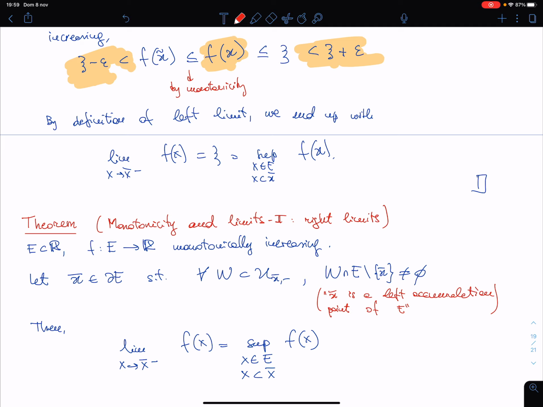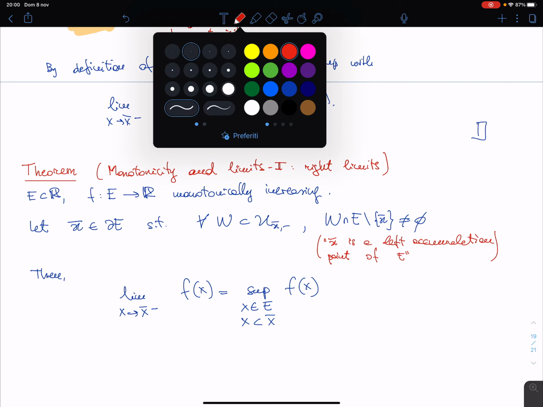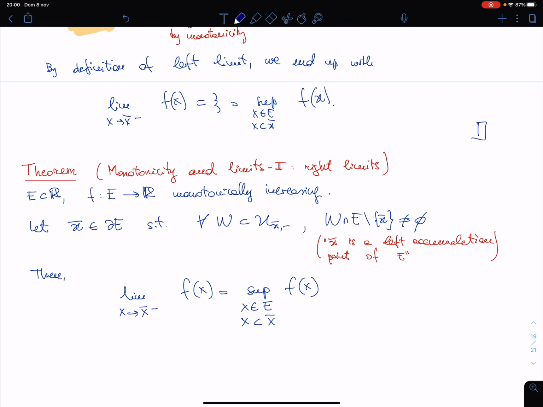And this time again monotonically increasing, and I consider x bar in D, which is an accumulation point, but in particular it will be a right accumulation point.